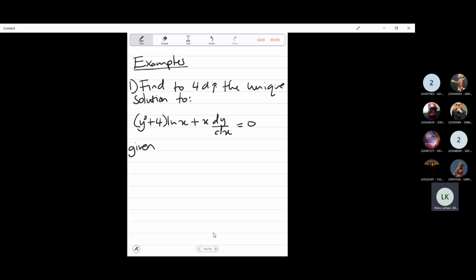So given that y is 2 when x is equal to 1.